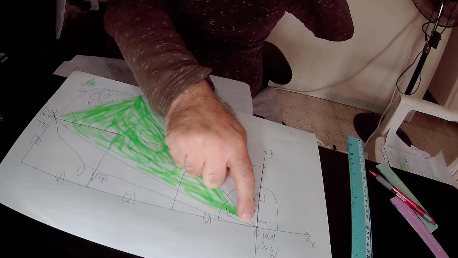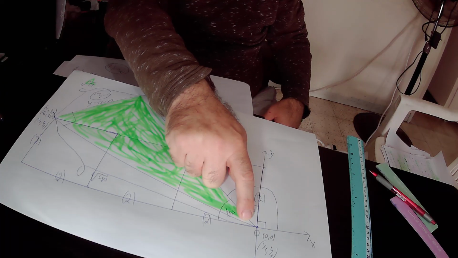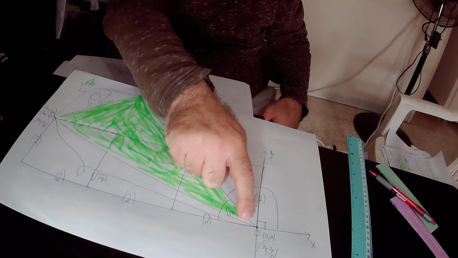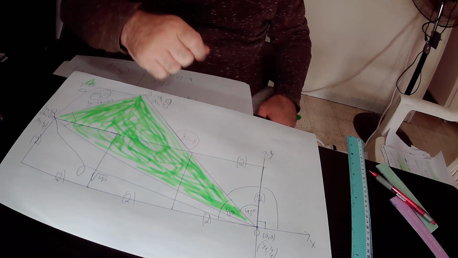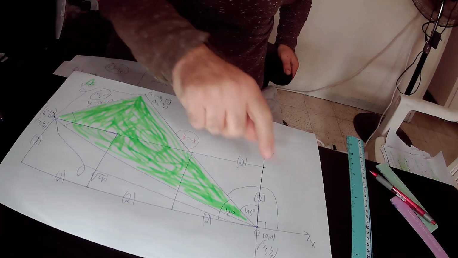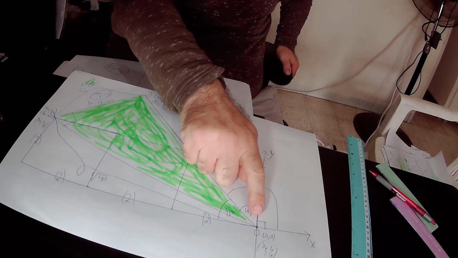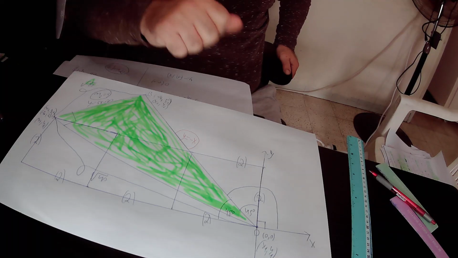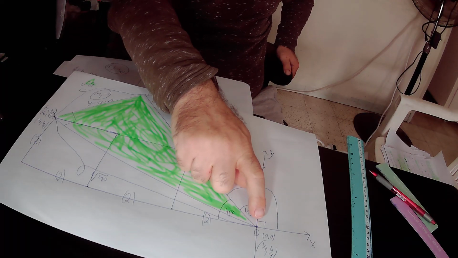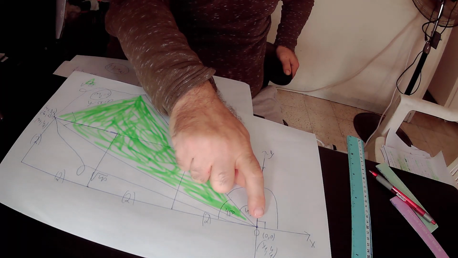Point O is the intersection point between the x-axis and y-axis. So it is the beginning of those two axes, and therefore it is defined as (0, 0). Why? Because it is the beginning of the x-axis and also the beginning of the y-axis.